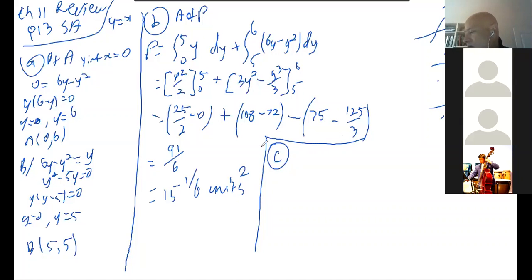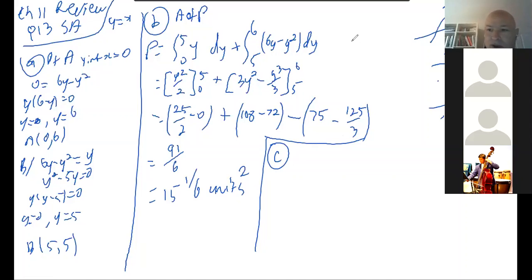Part C is find the area of the region Q, which is, of course, I'll use brown, that part there. Okay, so let me just change back.